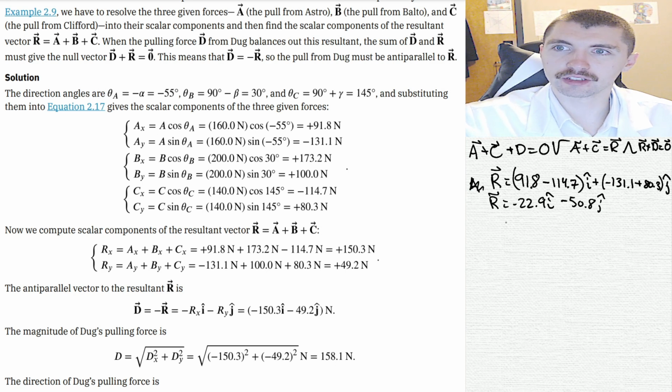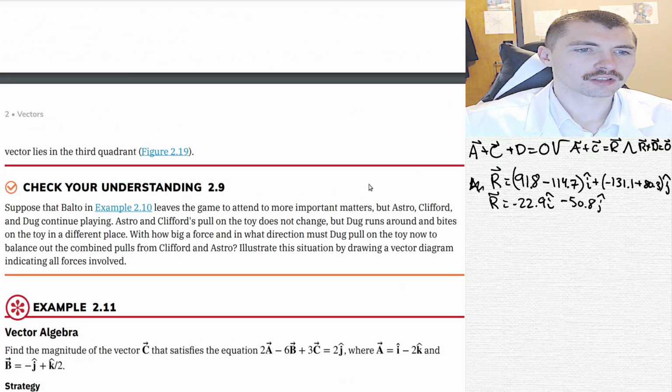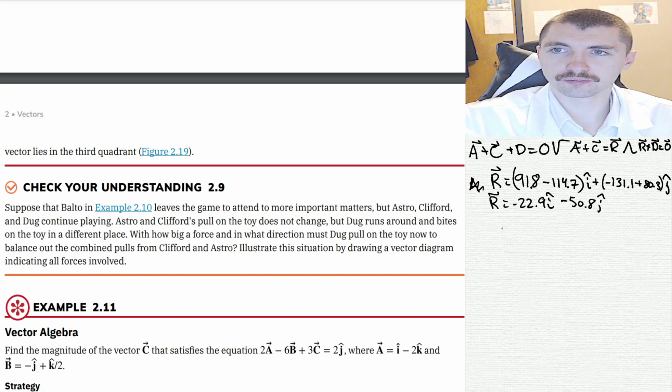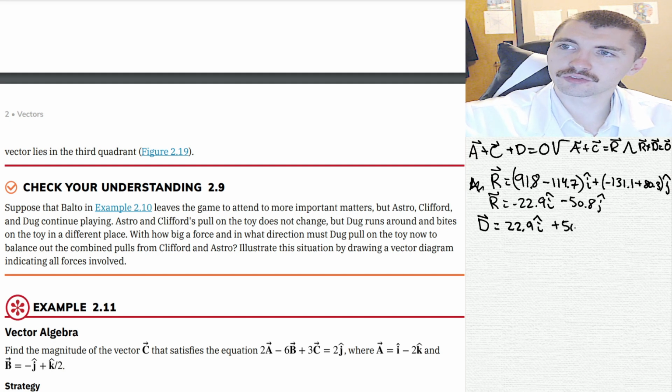So now we need to find the magnitude of A, magnitude of R, or we could just go ahead and find, what is it asking exactly? Okay, so negative D, so D equals negative R, so D equals 22.9 plus 50.8.